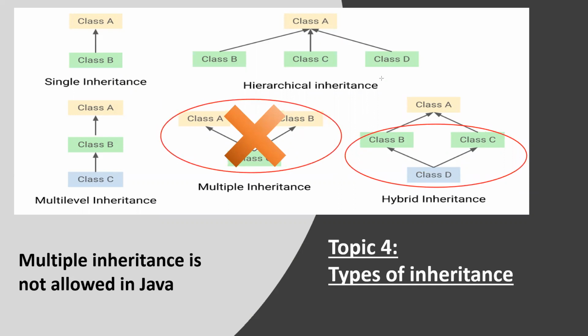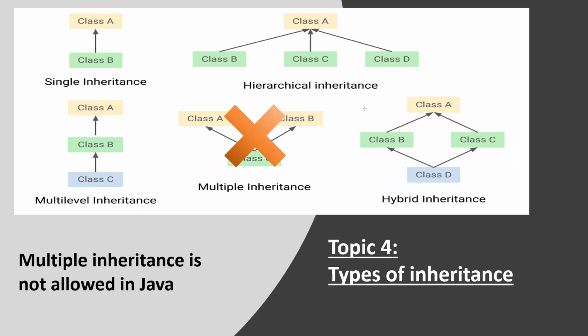So again, hybrid inheritance is not allowed for that reason, because one class cannot inherit two superclasses. So in Java, only three types of inheritance exist: single inheritance, hierarchical inheritance, and multi-level inheritance. But globally, in general, five types of inheritance exist. But these two types are not allowed in Java. That you need to remember.